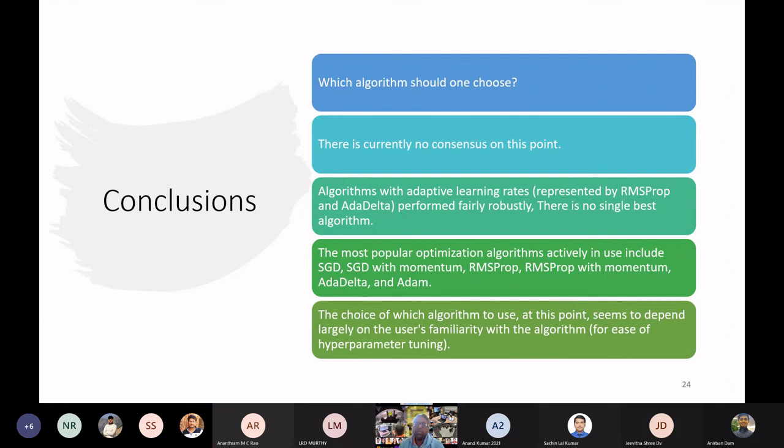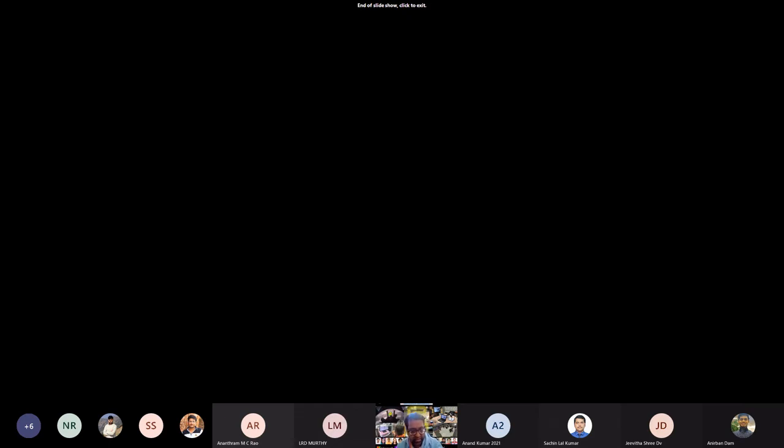Similarly, you can mix and match these algorithms, like the Adam optimizer with Nesterov momentum and vice versa, and check out which combination works best for your particular application. So with that, I will end this presentation.